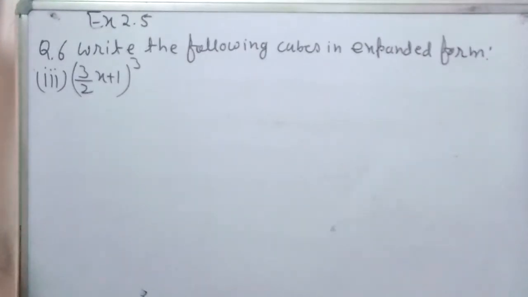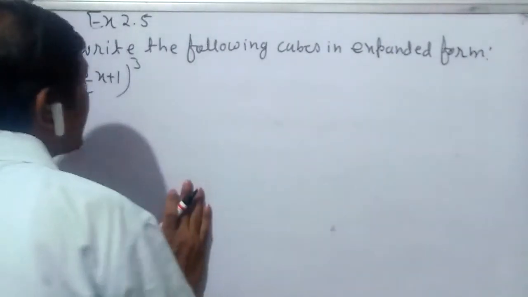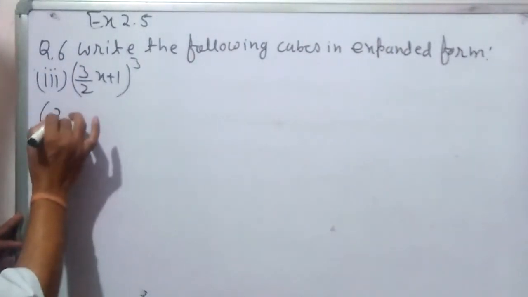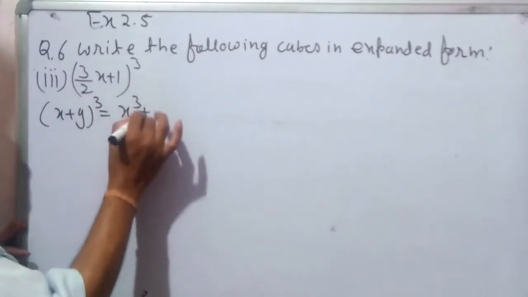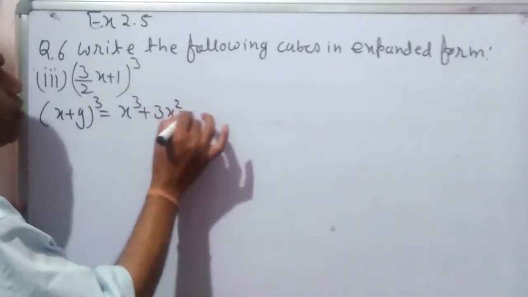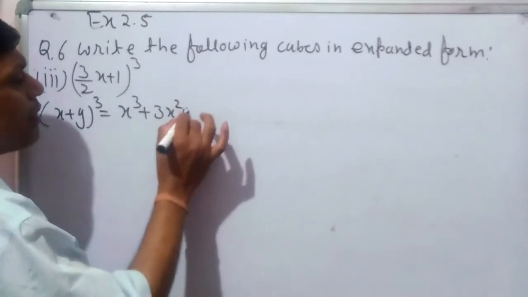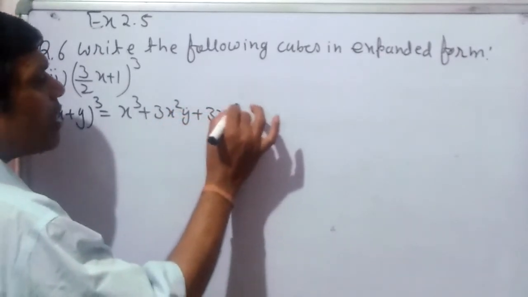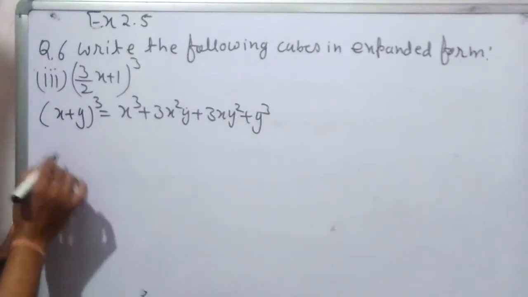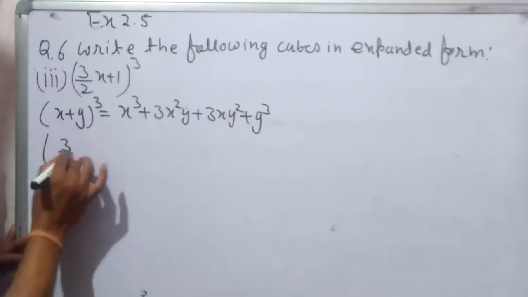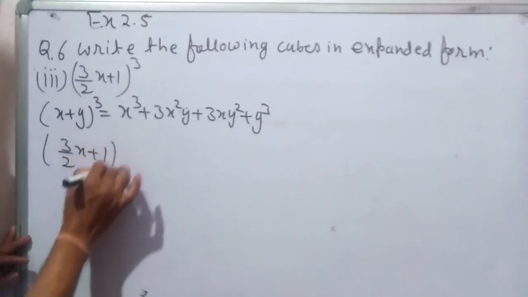So dear students, third part of this is (3 upon 2x plus 1) whole cube. Again we have (x plus y) whole cube as x cube plus 3x square y plus 3xy square plus y cube. Put the values only. In place of x we have 3 upon 2x.